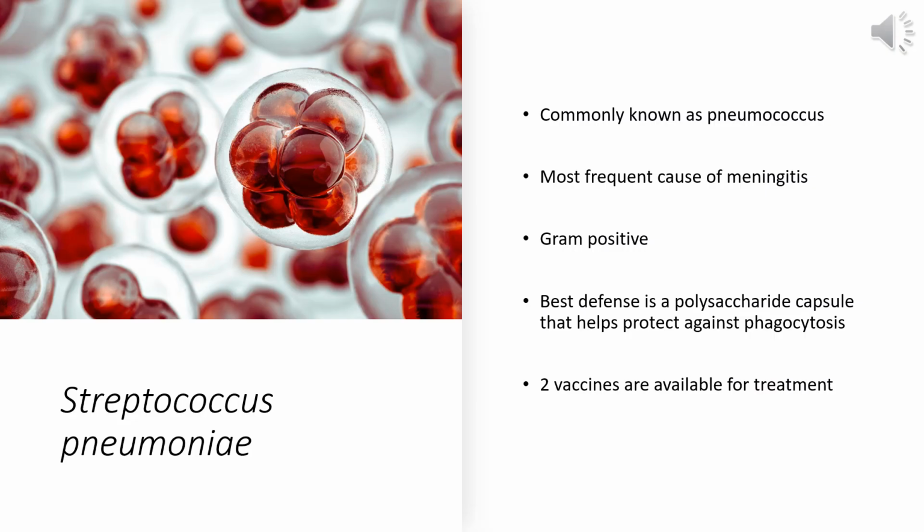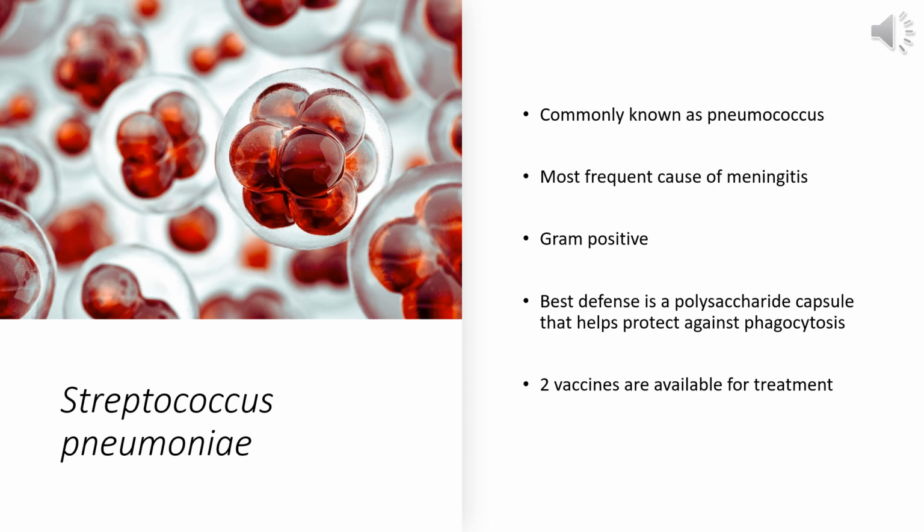Moving on to our second disease: Streptococcus pneumoniae, more commonly known as the pneumococcus, also stemming from pneumonia. My apologies, this S. pneumoniae is the most frequent cause of meningitis.